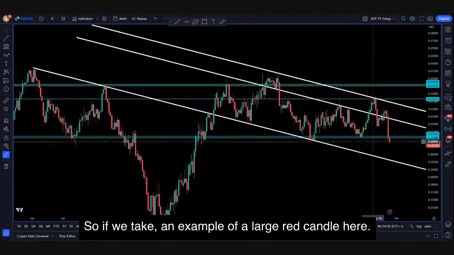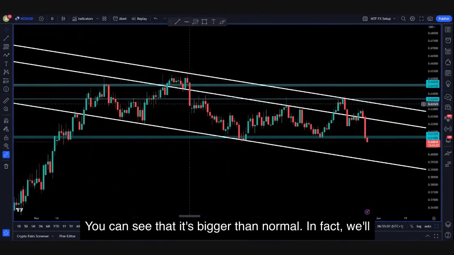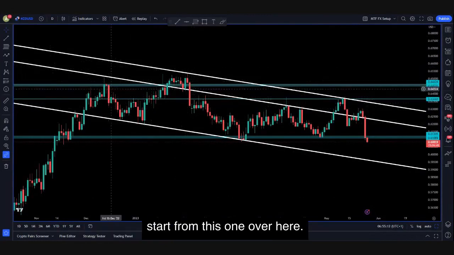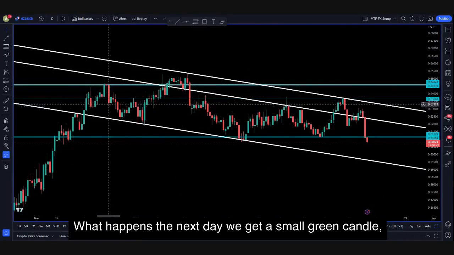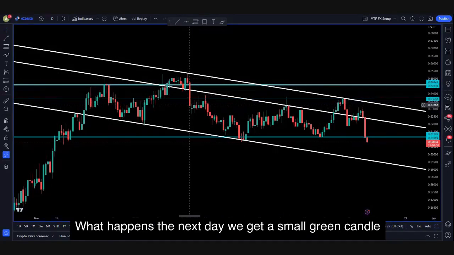Let me show you. So if we take an example of a large red candle here, you can see that it's bigger than normal. In fact, we'll start from this one over here. So here, a big, large red candle. What happens the next day? We get a small green candle. Large red candle. What happens the next day?